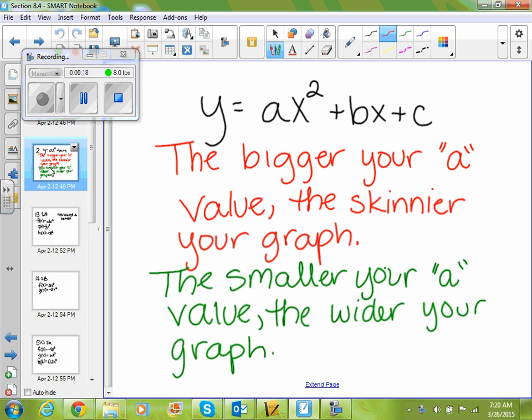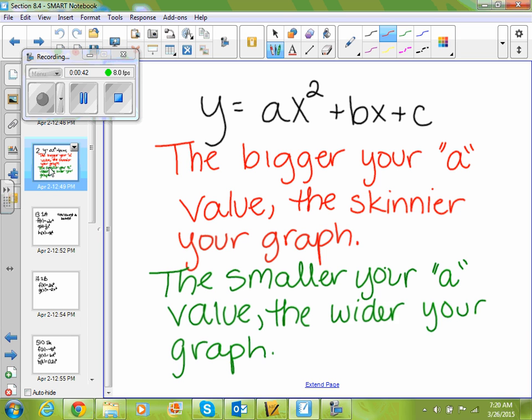Okay, so if I look at my equation y equals ax squared plus bx plus c, which we've looked at multiple times before when graphing, we know that the a is the number in front of my x squared. And so the bigger my a value, the skinnier my graph. And the smaller my a value, the wider my graph.